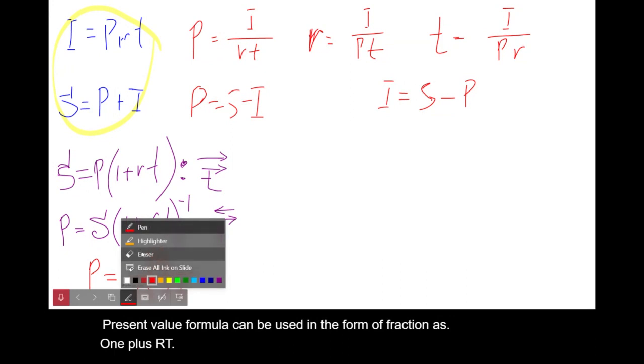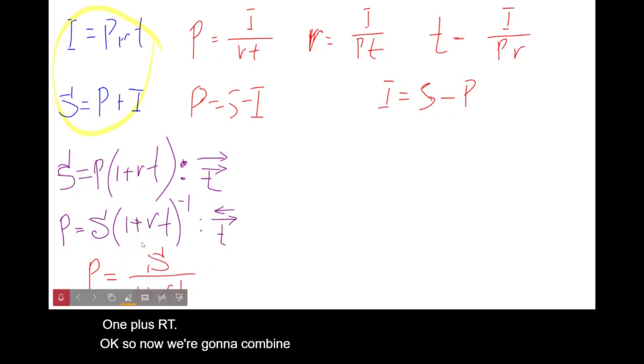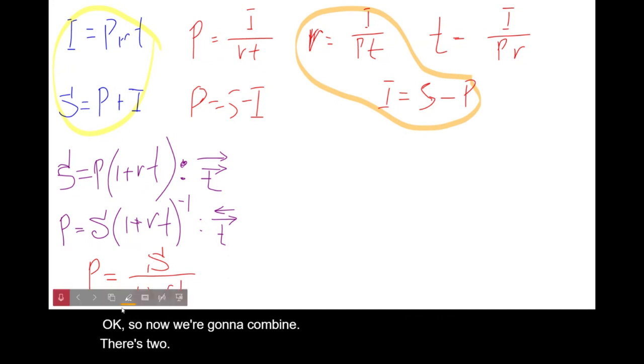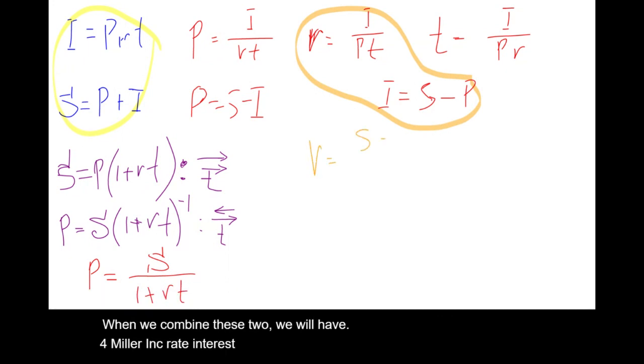Okay, so now we're going to combine these two. When we combine these two, we will have the formula for rate of interest. Rate is R = (S minus P) over PT. We're going to use this formula today.